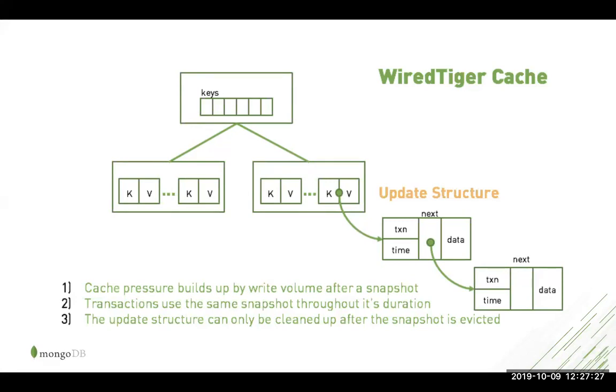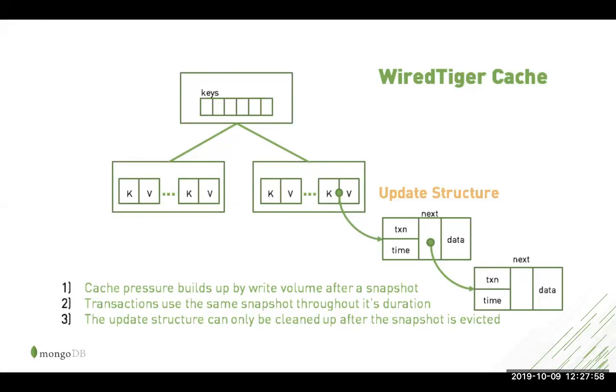Now, one thing to keep in mind, because transactions support snapshot isolation, transactions use the same snapshot throughout the duration of the transaction. So let's say that I open a transaction and grab a snapshot time. This is time 102. I hold on to that time, and every read I do within that transaction is served as if it was happening at time 102.